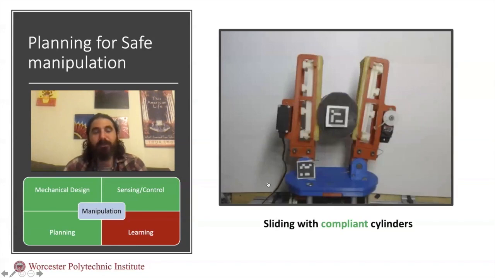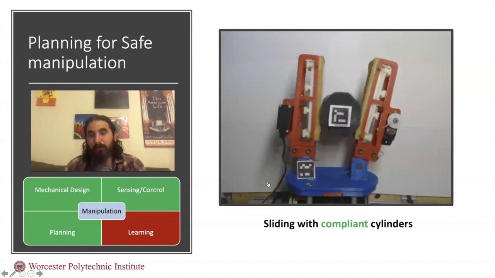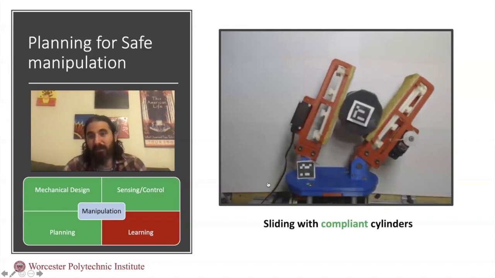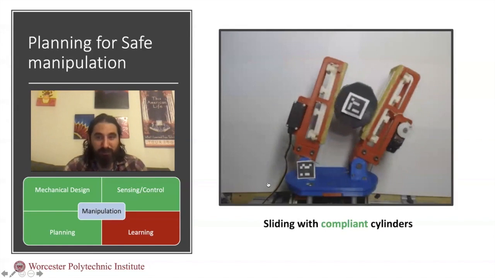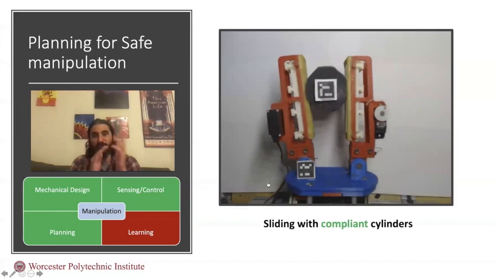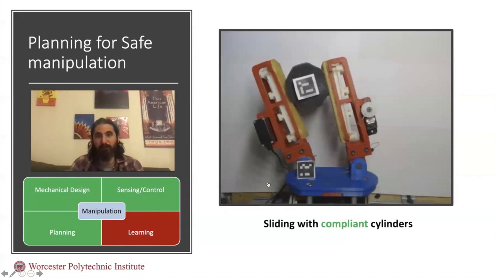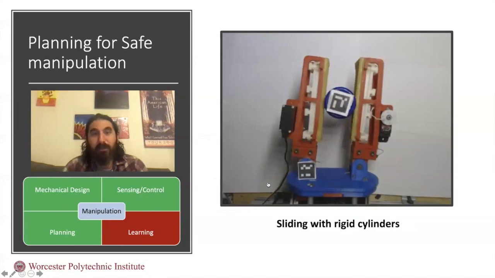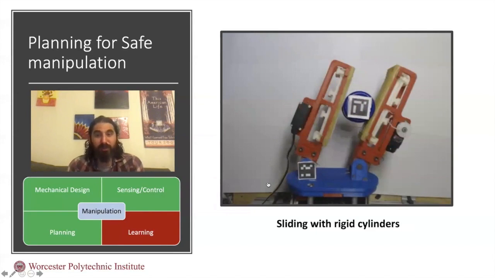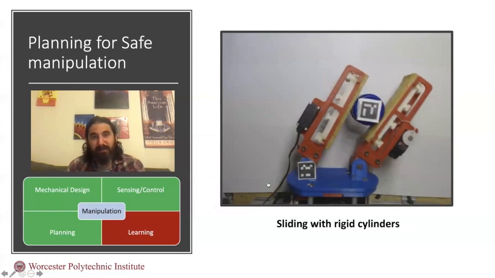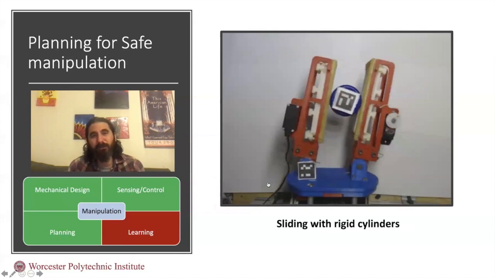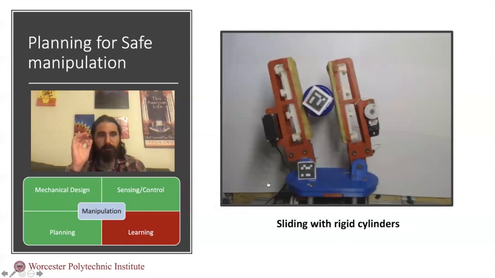So then the interesting question becomes, what if we want to manipulate a deformable object? So here you can see the hand sliding a deformable cylindrical object and getting it to the tip of the hand. So this result is actually very interesting to us because this hand was not able to manipulate a perfectly cylindrical object.